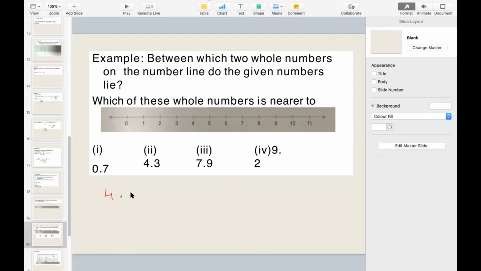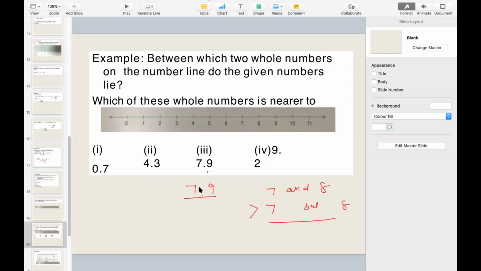Another number we can take is 4.3. 4.3 will lie between 4 and 5. Why? Because 4.3 is greater than 4 but less than 5. Next comes 7.9. 7.9 lies between 7 and 8 because this number is greater than 7 but less than 8.